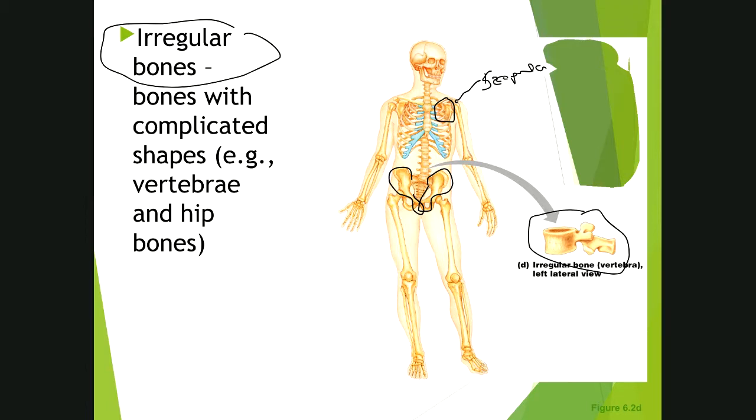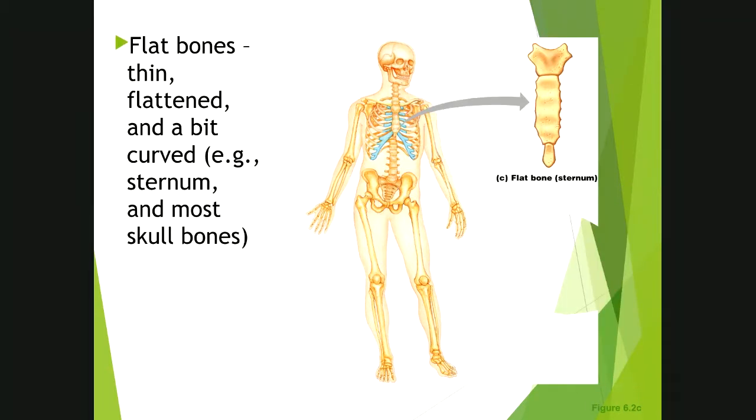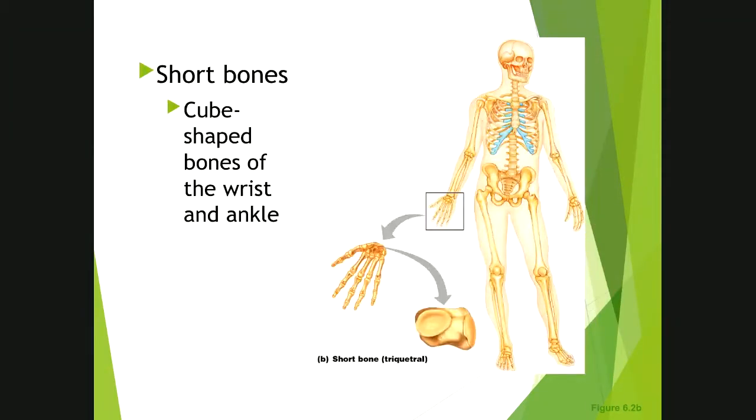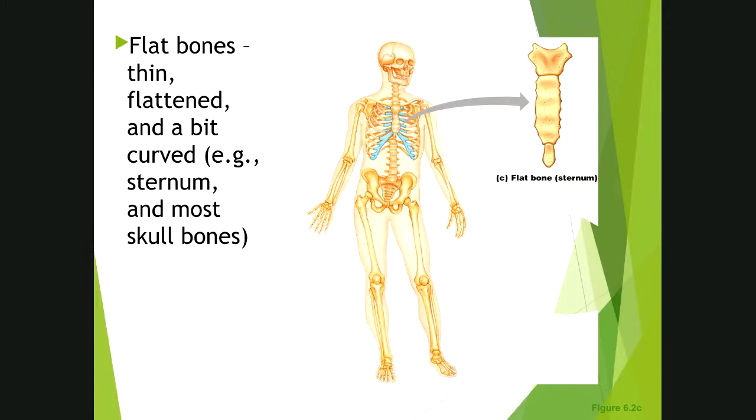In some books, the scapula is considered a flat bone. So it just depends on which author you believe or which author you are reading as to what you might see. Now I think your book, our book, calls it a flat bone. And so that's what we're going to use. But neither one of those would be incorrect.